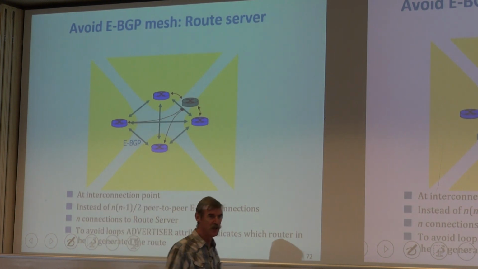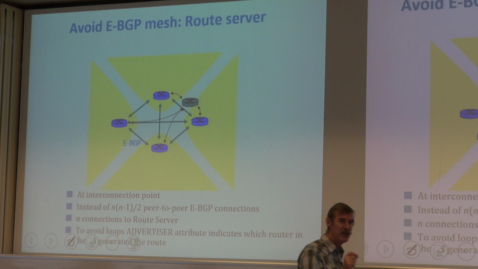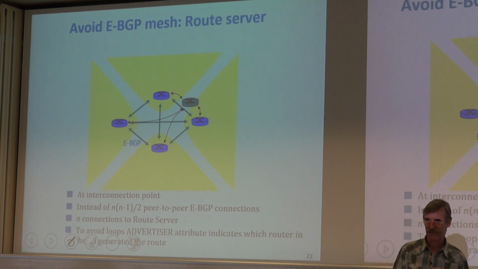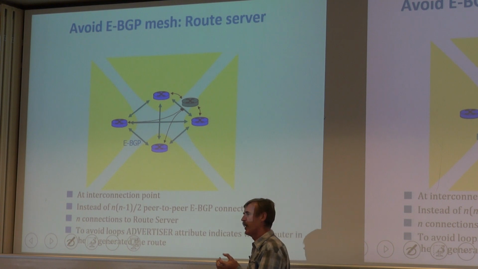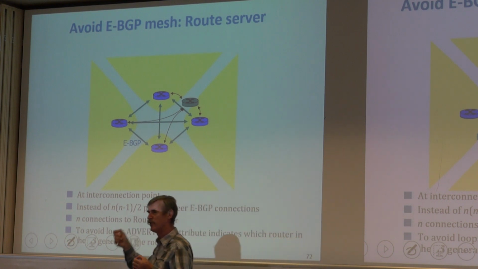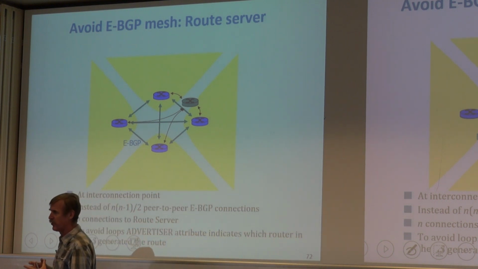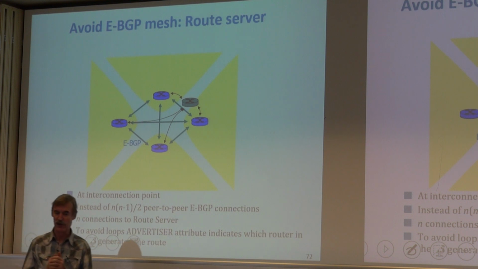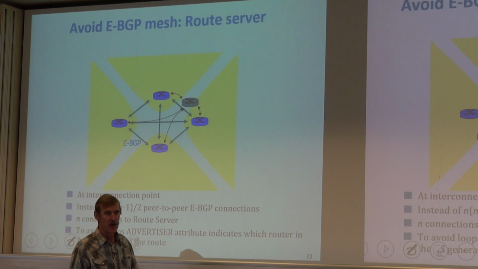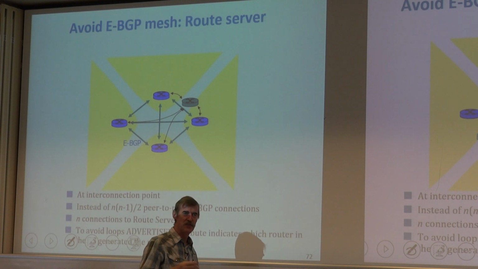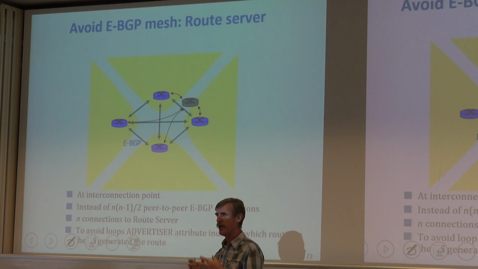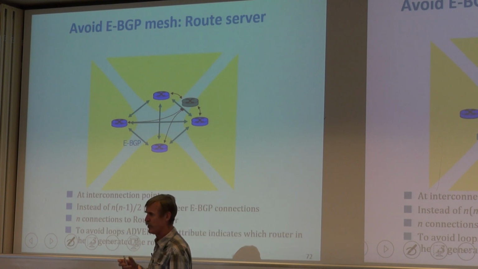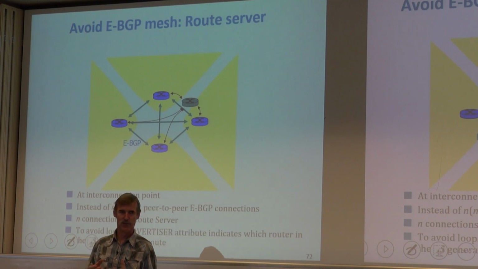Sometimes also you have a similar problem with E-BGP. In all the figures we saw, you had domains that are clouds connected over a single link to a few other domains, but sometimes the interconnection is different. If you're in an interconnection point, like May West, May East, the most common ones, IXC in Zurich, where you might have hundreds of providers that connect to each other, then you have a similar mesh problem.